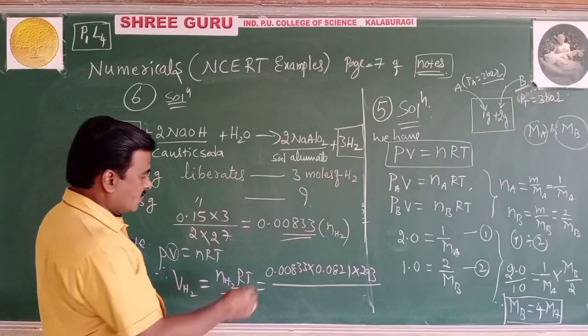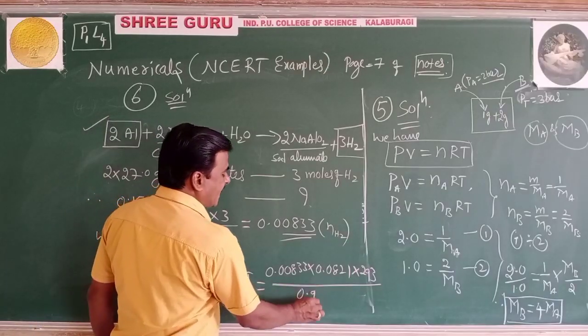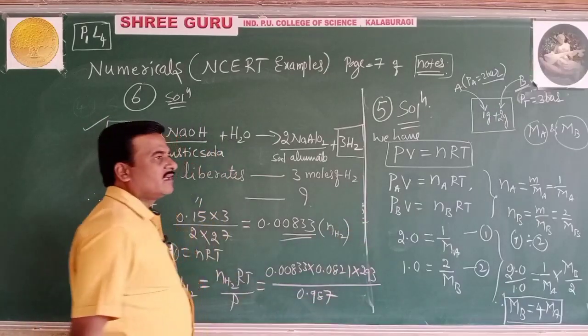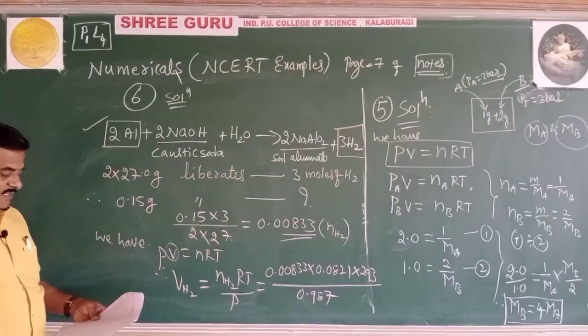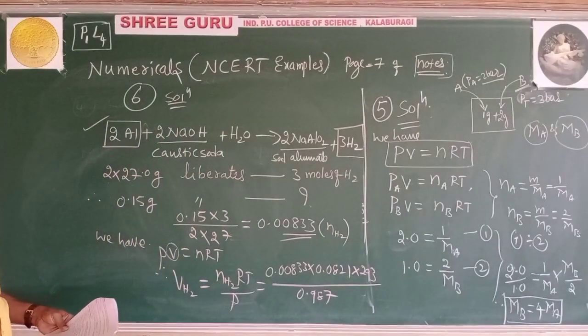Pressure at 1 bar. 1 bar in the sense 0.987 atm. So this is 1 into 0.987.